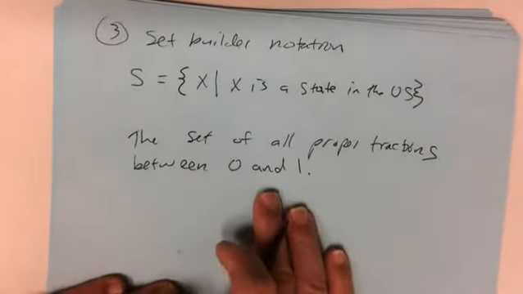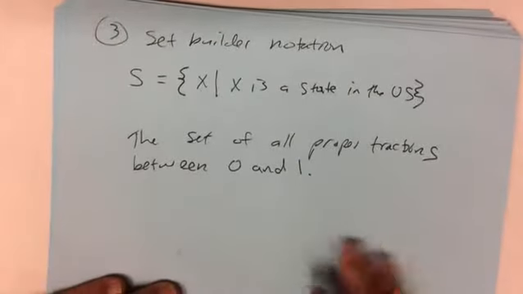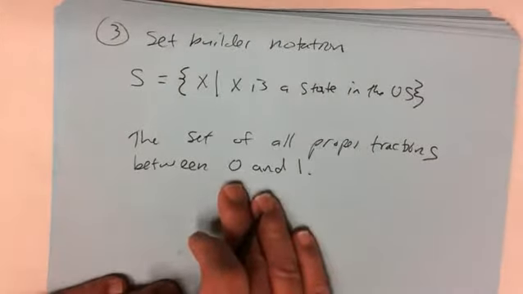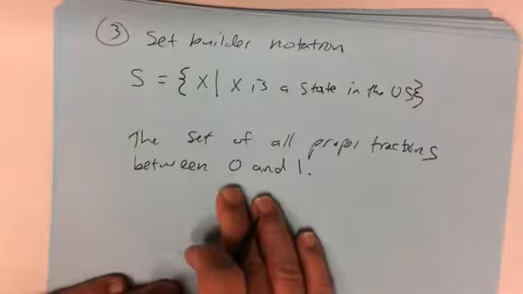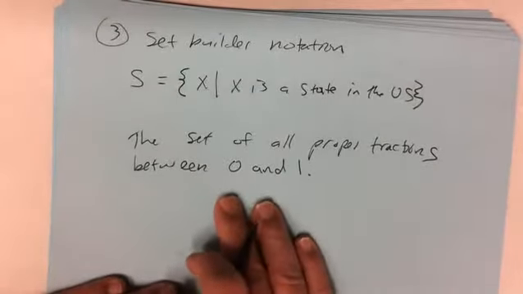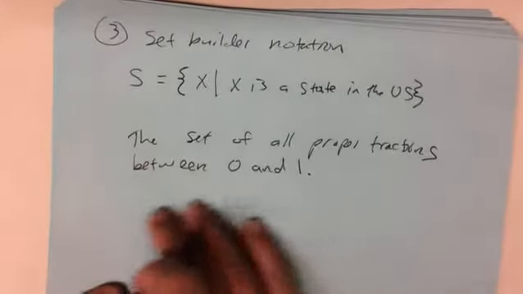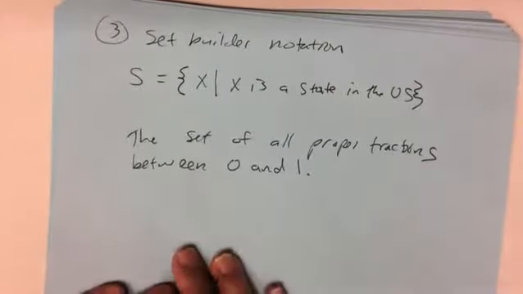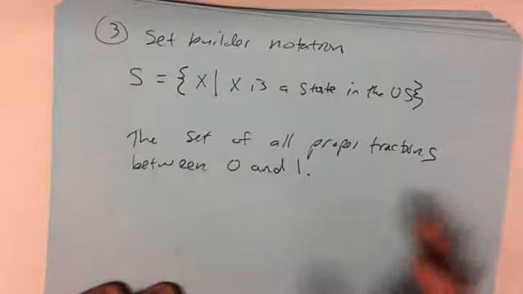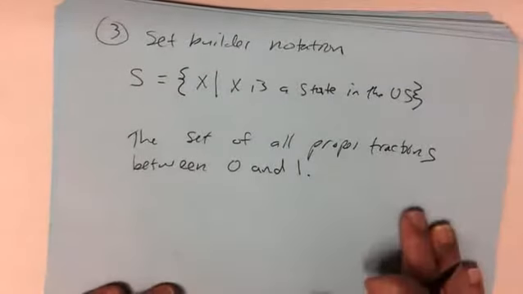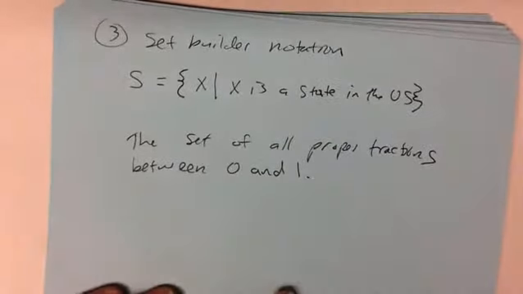In fact, impossible, because what would the first proper fraction be right after 0? Would it be 1/10, or maybe 1/100, 1/1,000, 1/1,000,000, 1/1,000,000,000? As you can see, that just would go on and on. So there is no first fraction right next to 0 to start with, and listing these out in roster form is not going to work.